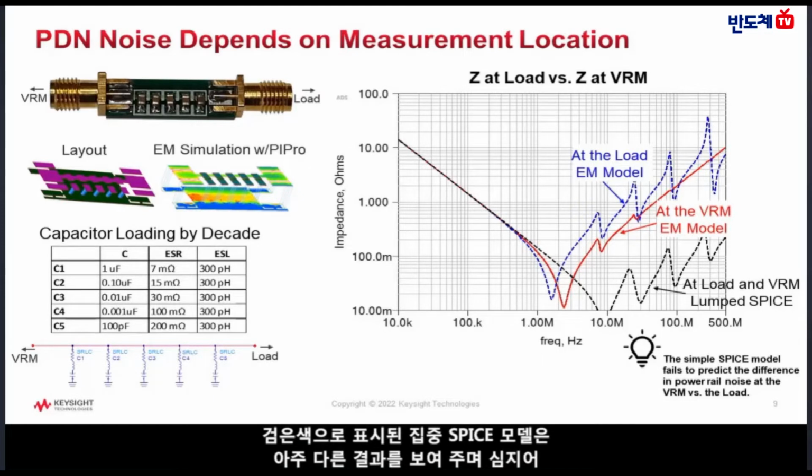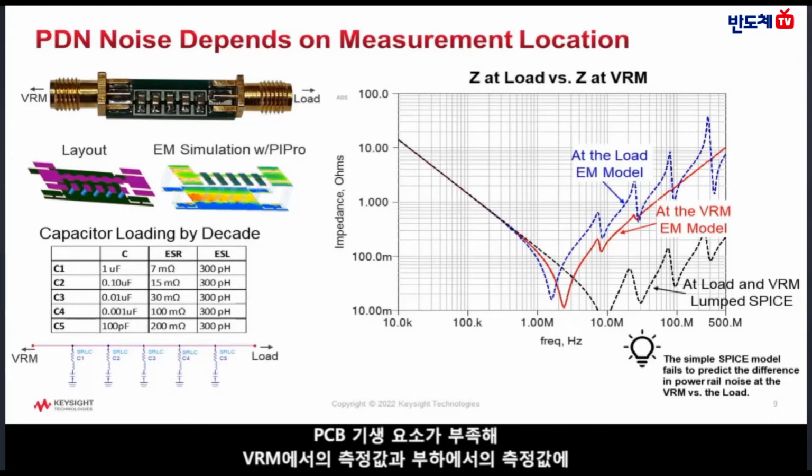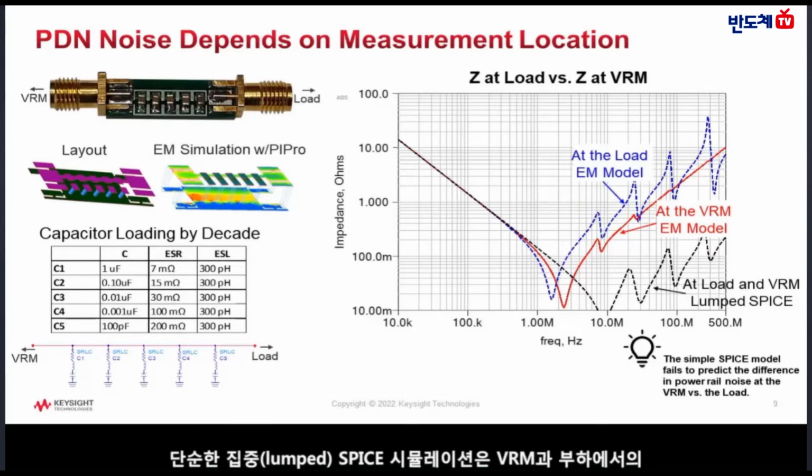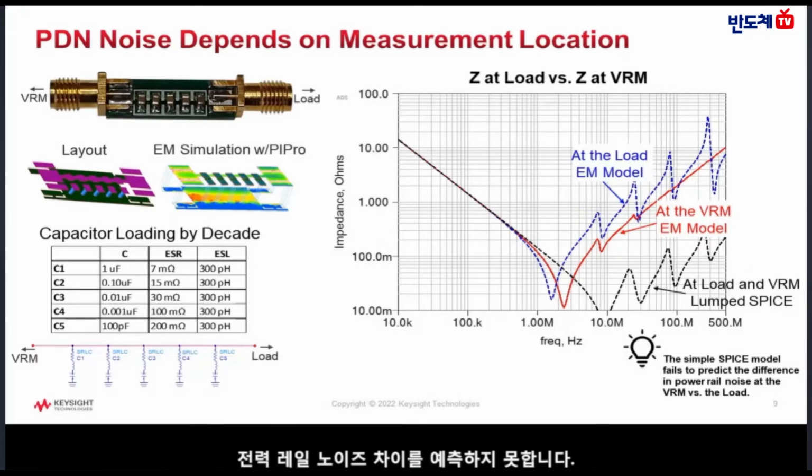The lumped SPICE model, shown in black, gives a very different result, and even worse, it does not show any difference between measuring at the VRM versus the load because it lacks the PCB parasitics. The simple lumped SPICE simulation fails to predict the difference in power rail noise at the VRM versus the load.